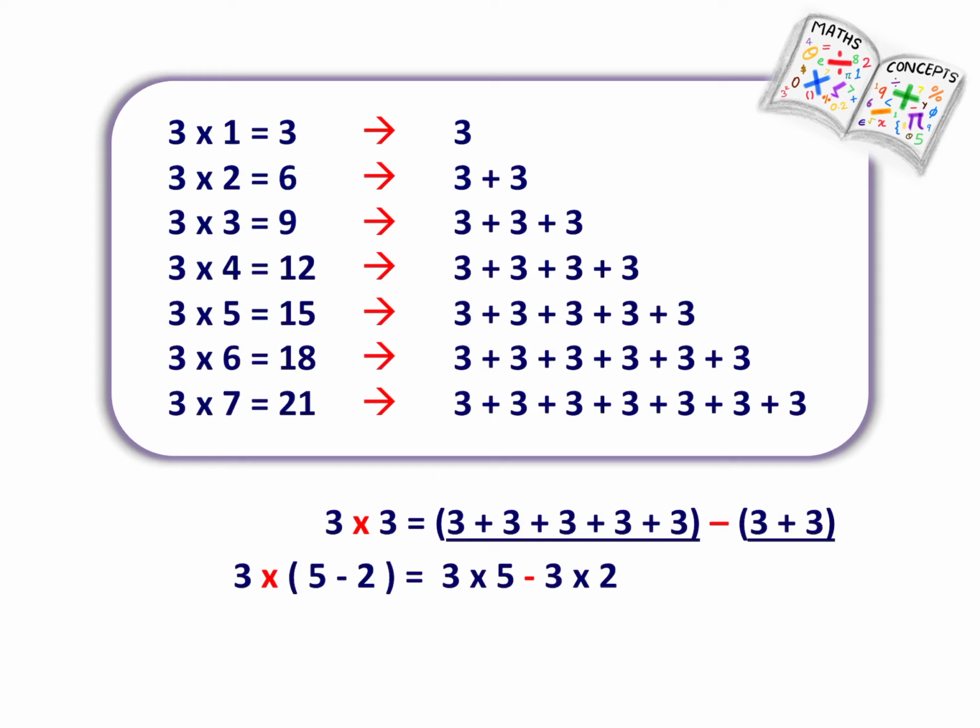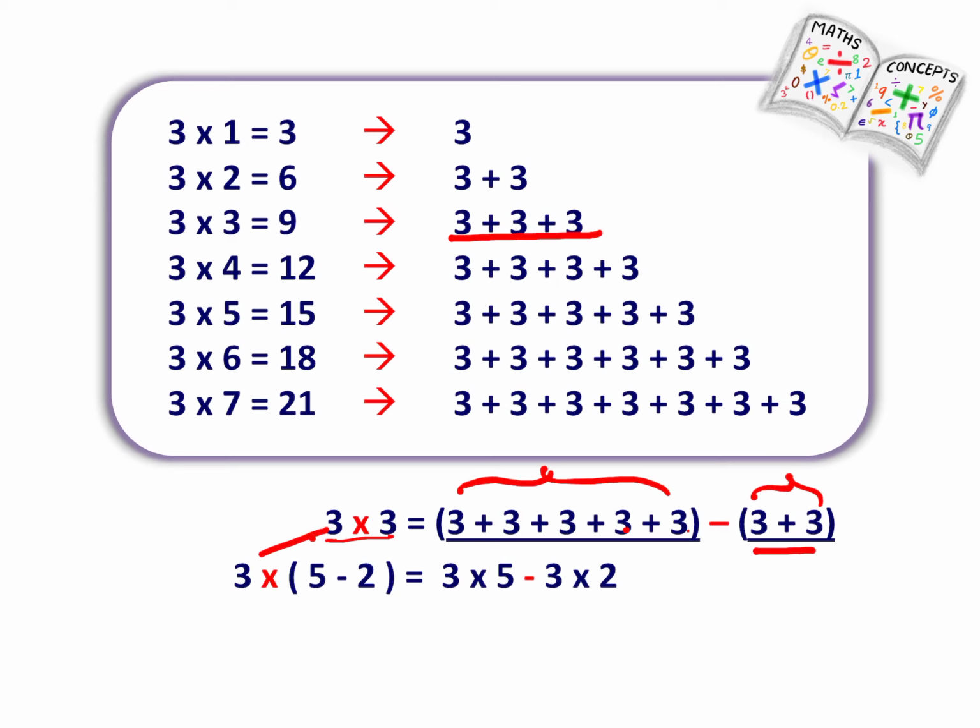Now again, let's consider the same example of 3's table to understand this in an easier way. I have taken the example of 3 into 3, which is adding 3 times. So adding 3 times can also be written as 3 times 5, that is 3 plus 3 plus 3 plus 3 plus 3, minus 2 times 3, right?